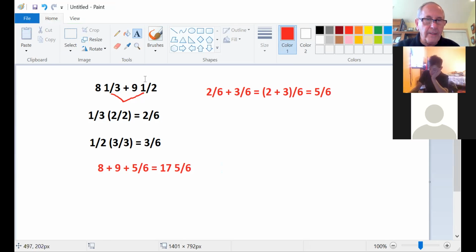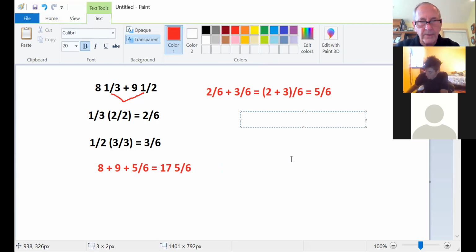It gets a little more complicated when you've got more cumbersome looking fractions, and they become larger than a whole number. So in other words, if I had another one, we'll do another one right here, make it 4 and 5/6 plus 3 and 1/4.